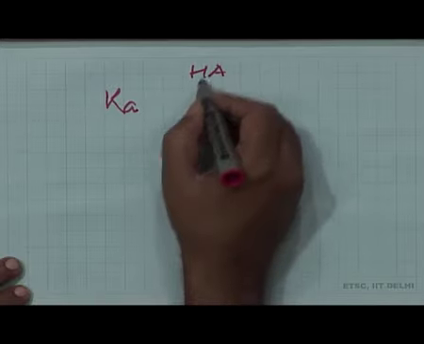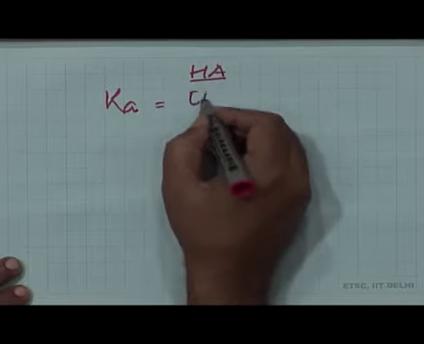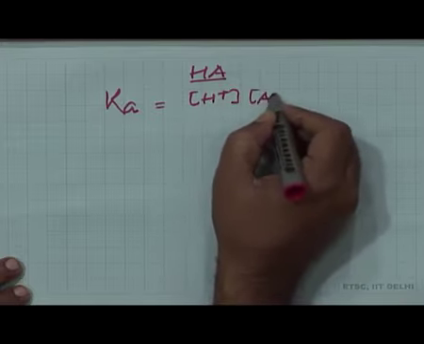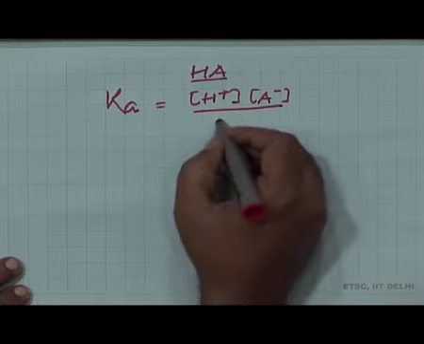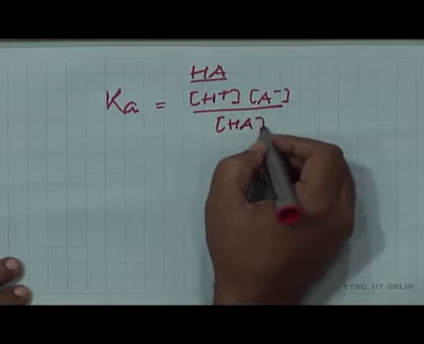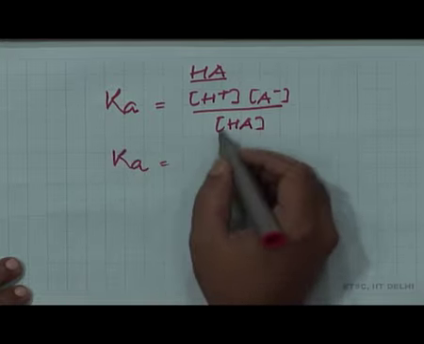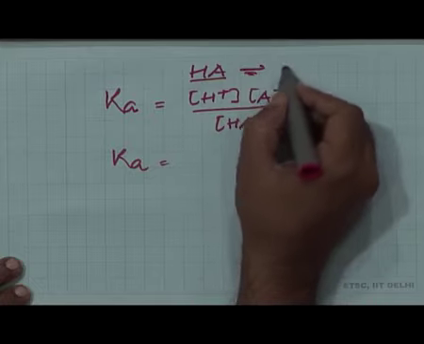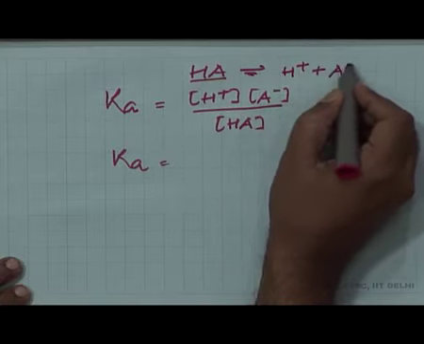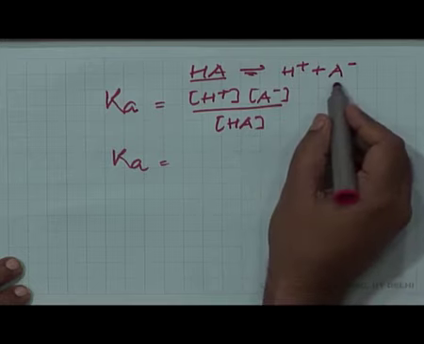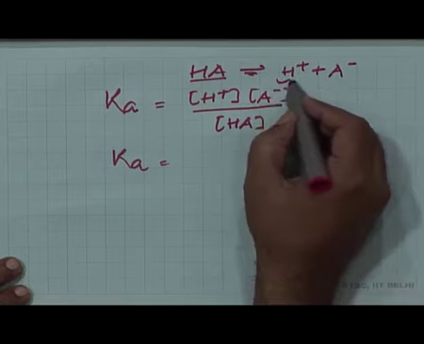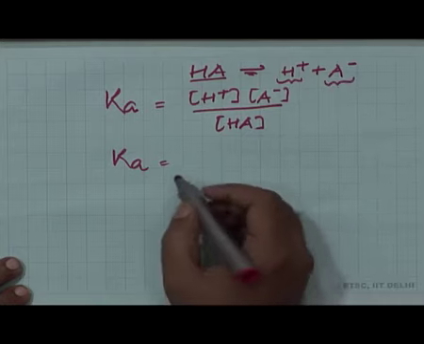So, the way we calculate H plus ion is, for an acid like HA, which is weak acid, we can write Ka equals H plus ion into A minus divided by HA. Since we know that HA will dissociate into H plus and A minus, the concentration of H plus is equal to concentration of A minus.